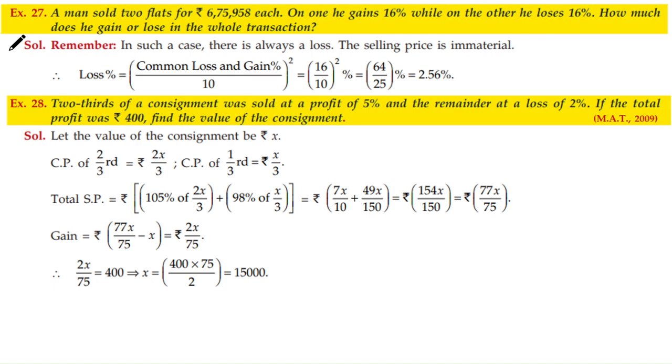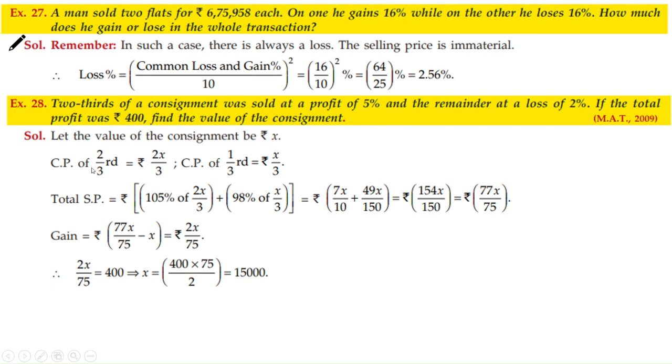Two-thirds of a consignment was sold at a profit of 5% and the remainder at a loss of 2%. If the total profit was 400 rupees, find the value of the consignment. Let the value of the consignment be rupees x.